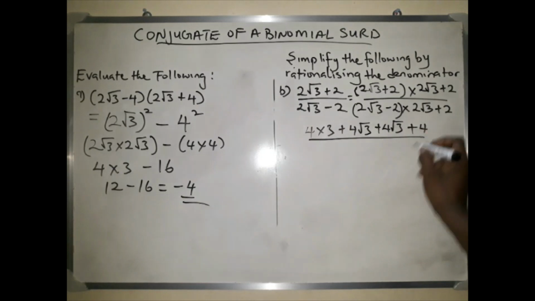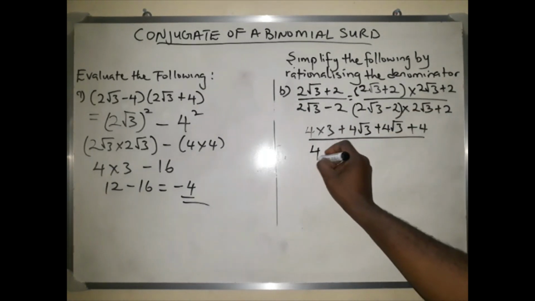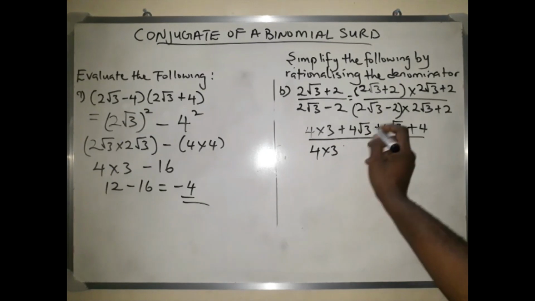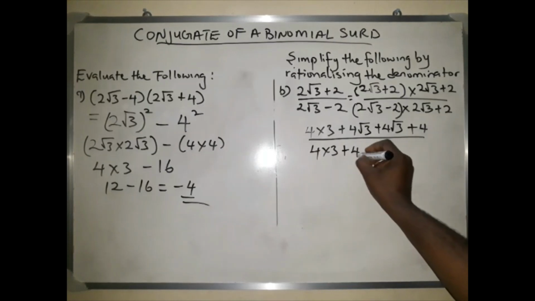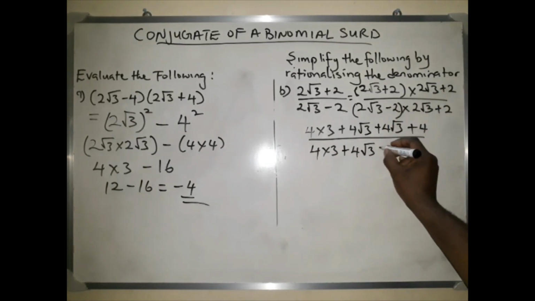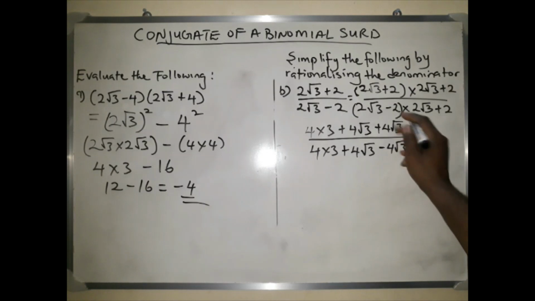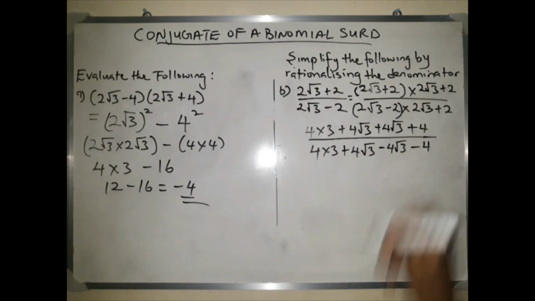Very good. Now the denominator, 2 root 3 times 2 root 3, same thing, 4 times 3. Then 2 root 3 times plus 2 is 4 root 3. Minus 2 times 2 root 3 will give me minus 4 root 3. Then minus 2 times plus 2 will give me minus 4.